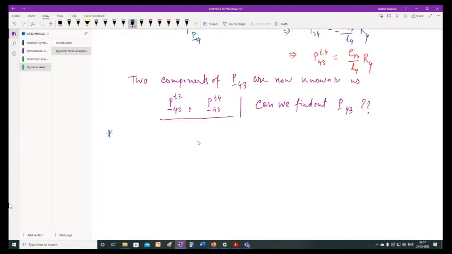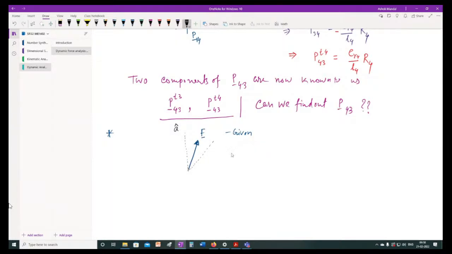Suppose there is a force F. F is a force is given, and two directions are given.